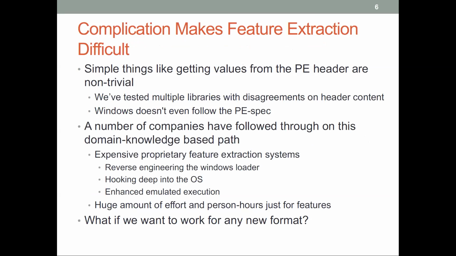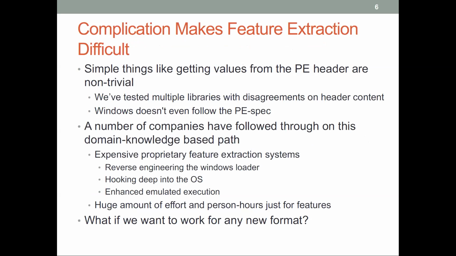So the authors expand more on this complication in feature extraction. They note that simple things like getting values from the PE header, what we have already done in our malware detection module, can be non-trivial.